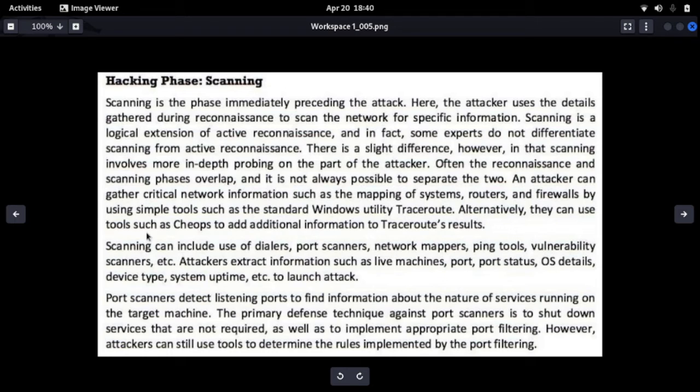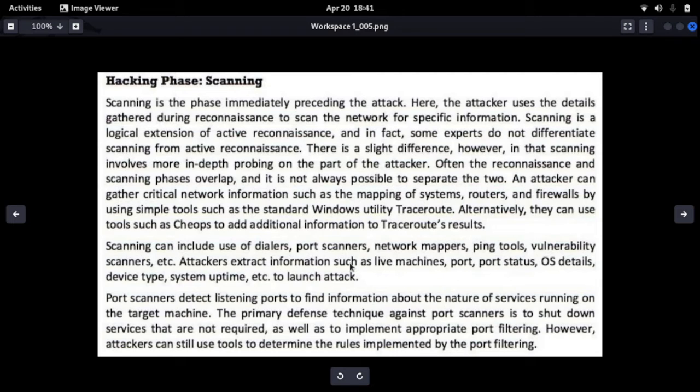Alternatively, they can use tools such as Cheops to add additional information to traceroute results. Now, scanning can include use of dialers, port scanners, network mappers, ping tools, vulnerability scanners, etc.